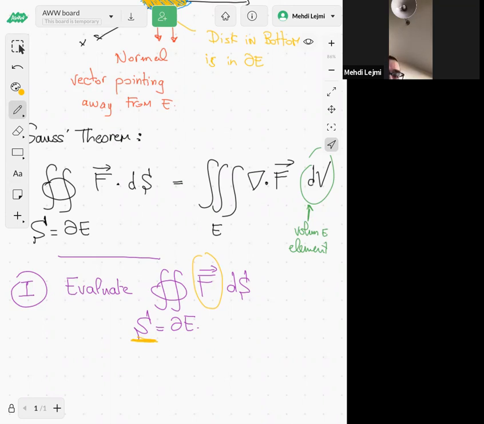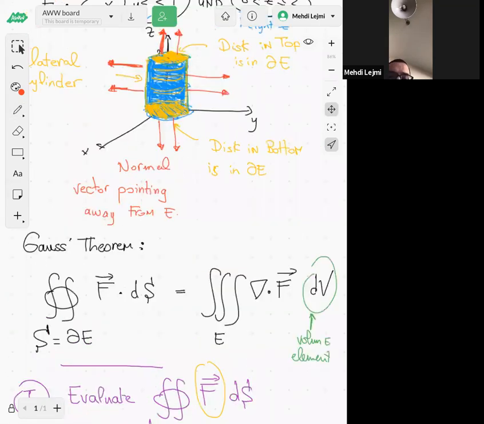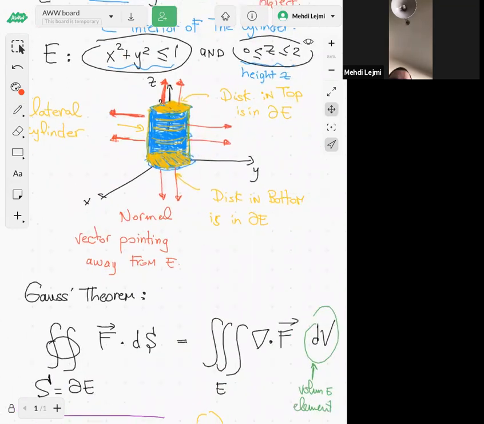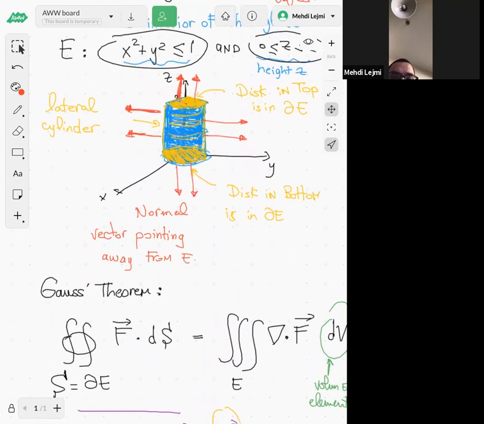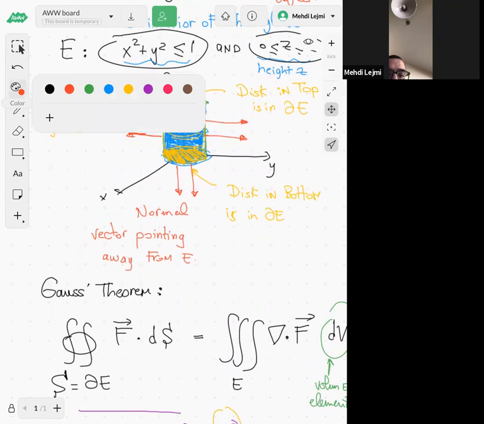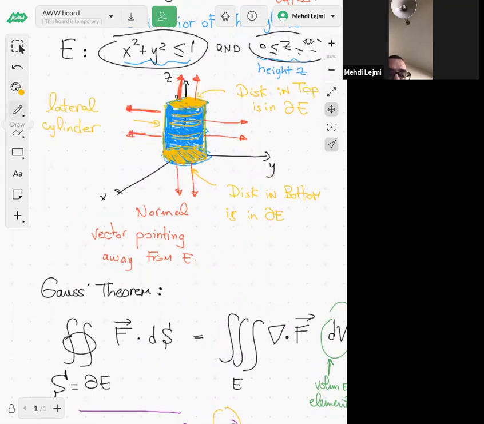So step one, I would say in this case, we need to parameterize S, which is the boundary of E. This surface S actually has 3 components. The first component is the top of the cylinder.